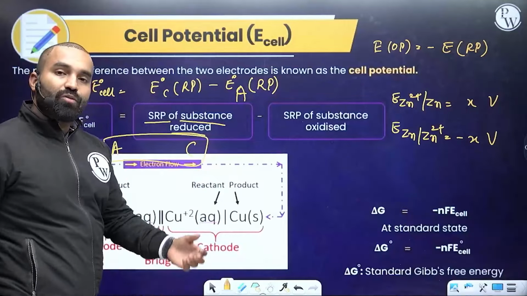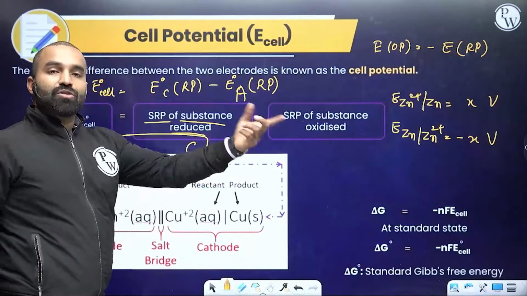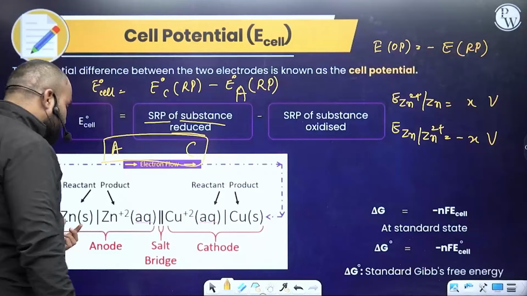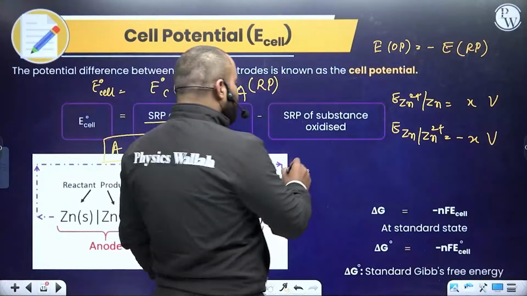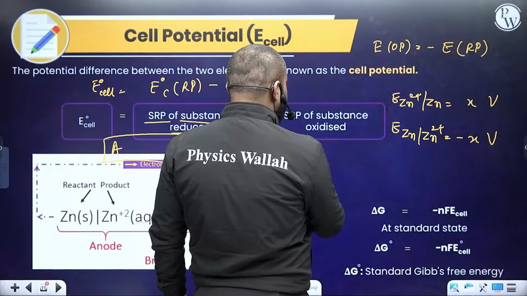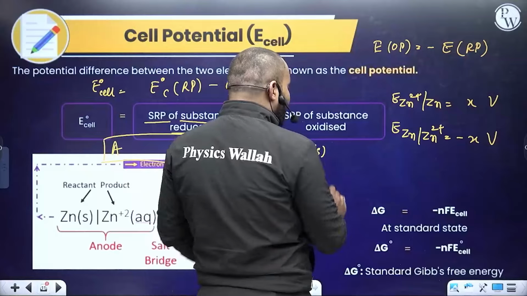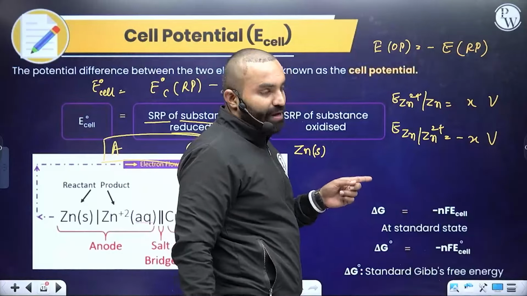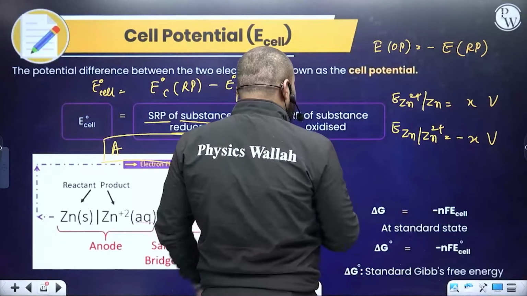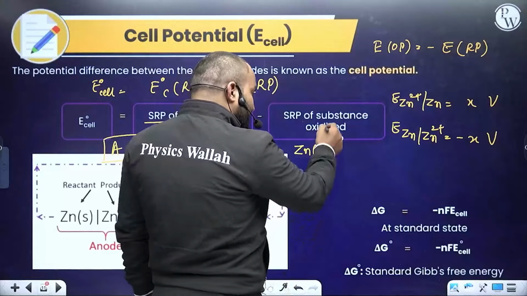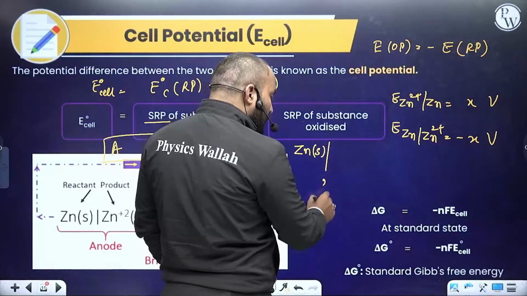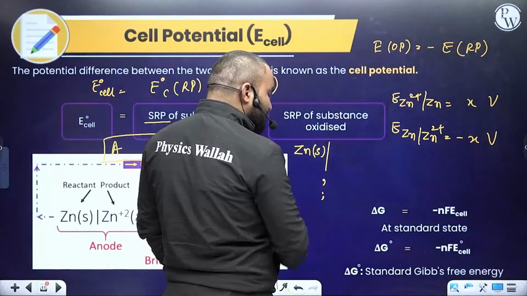Oxidation process always on the left, reduction process always on the right. So what do you see over here? First of all, you need to mention what is the anode. Always mention its phase. So zinc solid, separate it with either a slash or a comma or a semicolon.